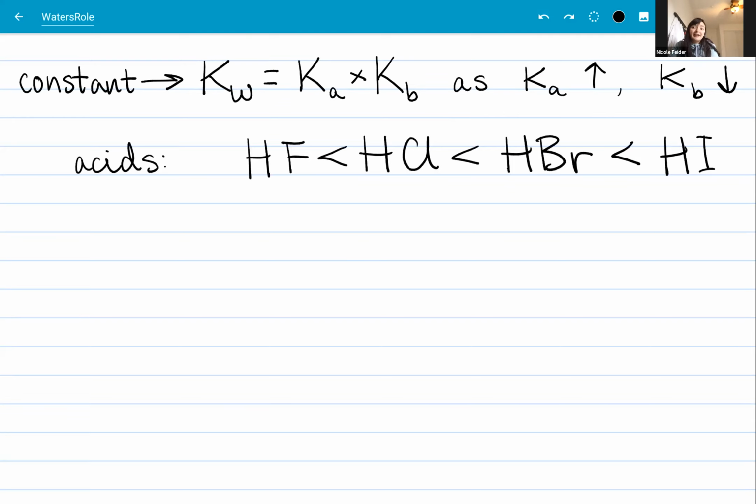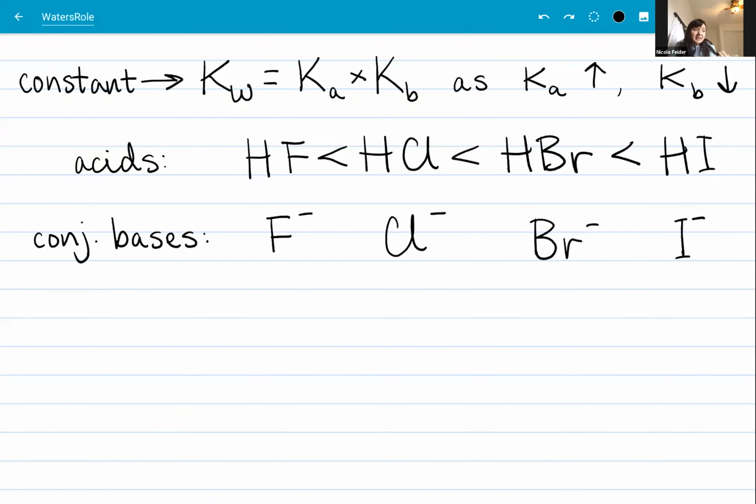HF is weaker than HCl, is weaker than HBr, is weaker than HI. Now we can define their conjugate bases, which is just the acid with one less hydrogen, and we can sort these using the principle from above, right? A stronger acid will have a weaker conjugate base. So as drawn, these bases are now going from strongest to weakest.